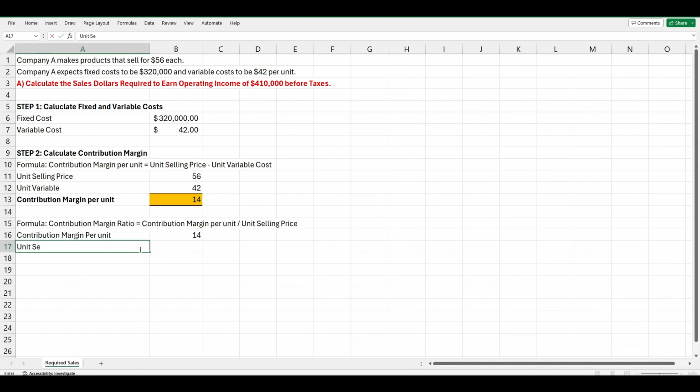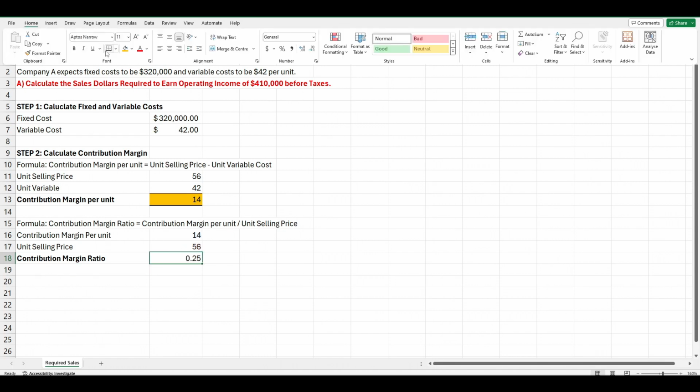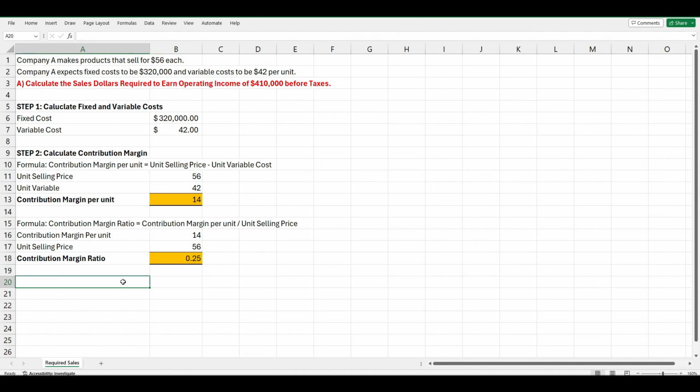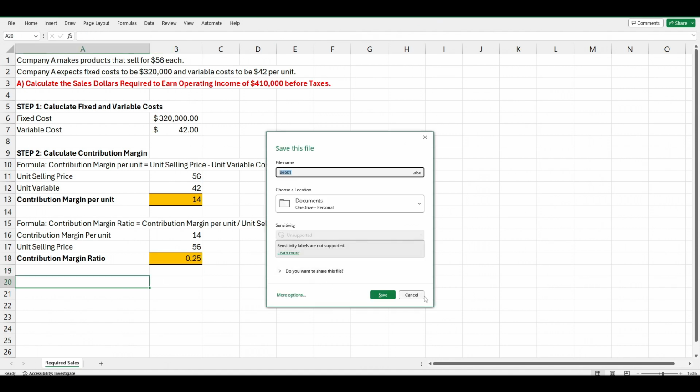So unit selling price is 56. And so our contribution margin ratio is equal to our contribution margin per unit divided by our unit selling price. So that's 25%. And once again, I'll put a border. I'll put it in orange. You guys can see that's an answer.